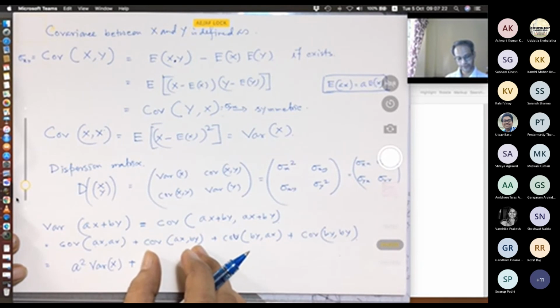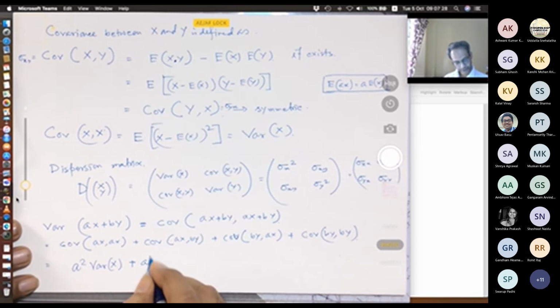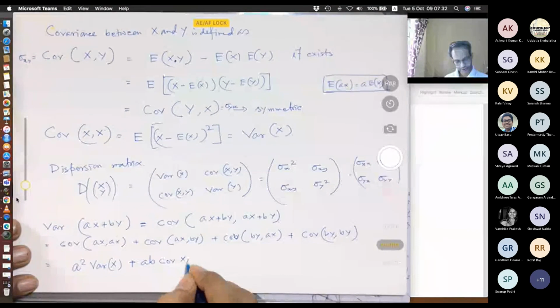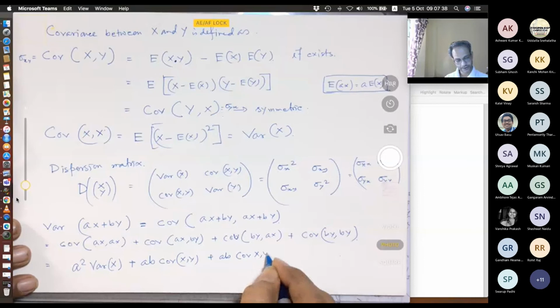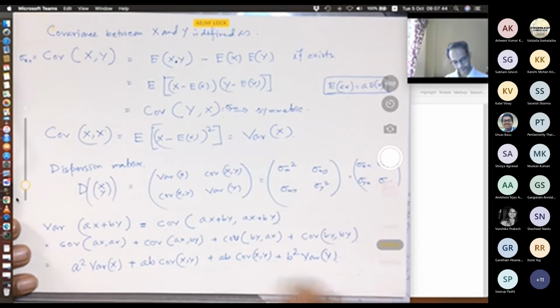What will be covariance of ax and by? A into B covariance of xy. Perfect. Similarly, it will be A into B, again covariance of xy because they are symmetric, and it will be B squared variance of y.